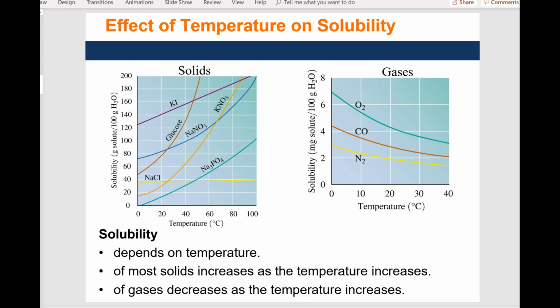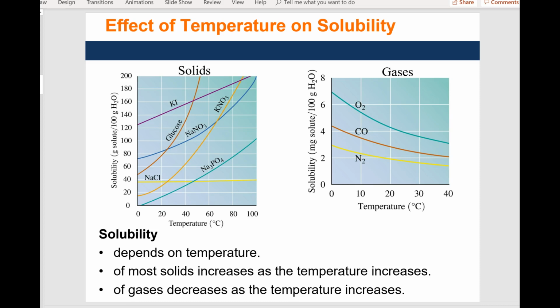But what do you notice about increasing the temperature for every solid? Do any of them get less soluble? No, they all get more soluble. Sodium chloride stays kind of flat, right? But none of them go down.